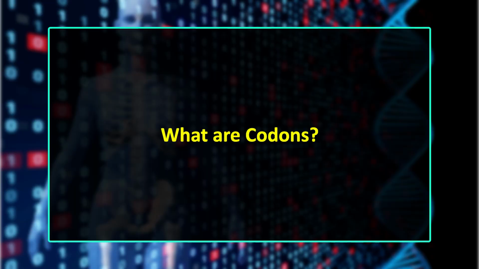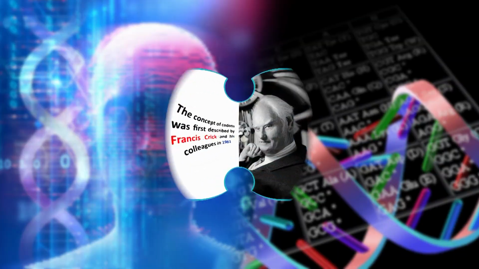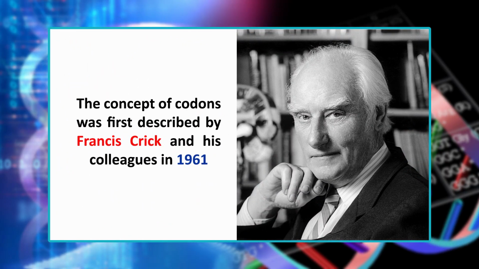Dear students, let's now understand what are codons. Cells decode mRNA by reading their nucleotides in groups of 3 called the codons. So a codon is a sequence of 3 nucleotides which together form a unit of genetic code in a DNA or RNA molecule. The concept of codon was first described by Francis Crick and his colleagues in 1961.